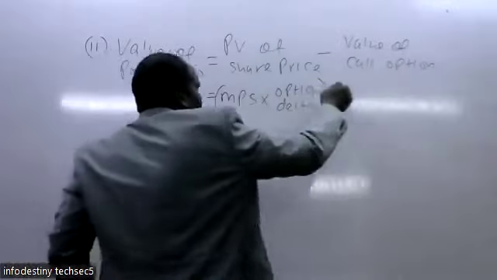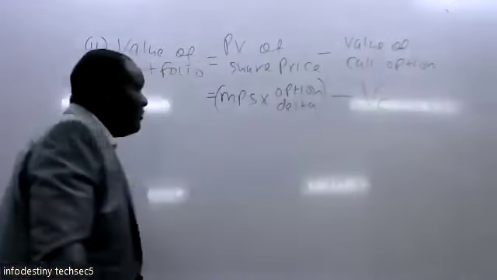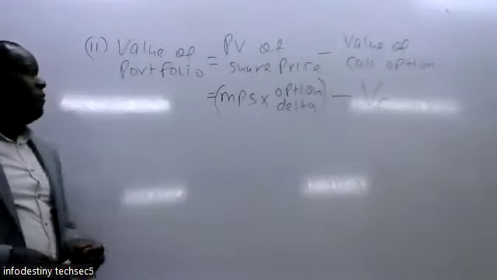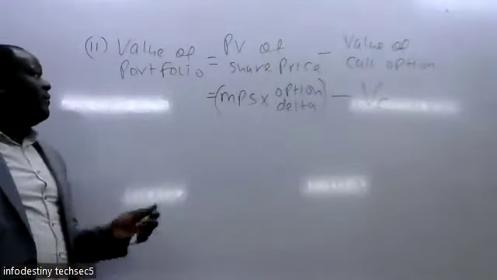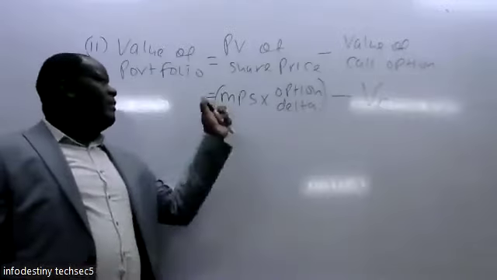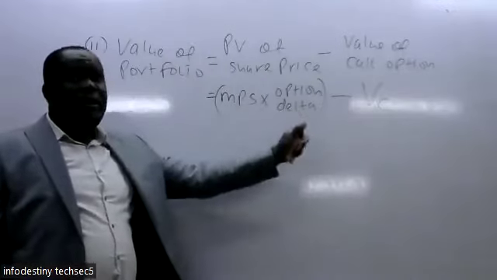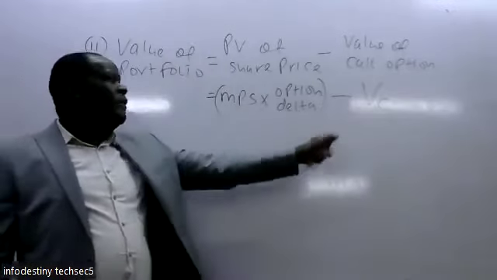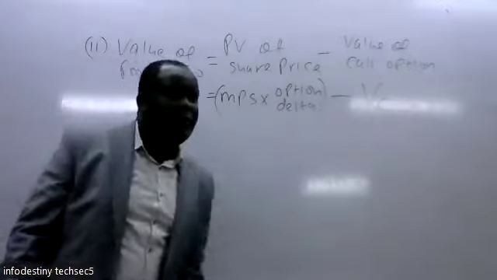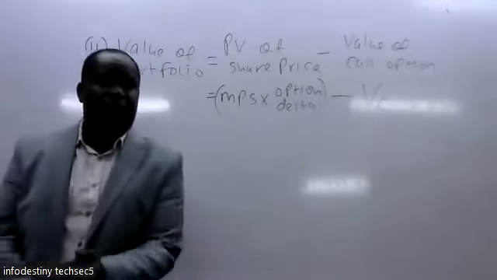Then you subtract value of the call option. All that information should come from the step number 1.